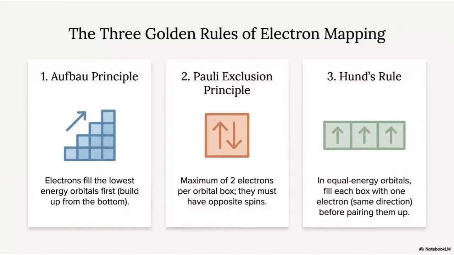In equal energy orbitals, each box will be filled with 1 electron at a time in the same direction before they're paired up. This makes no sense for us right now. It will very soon. And I'll point out these rules as we start using them.